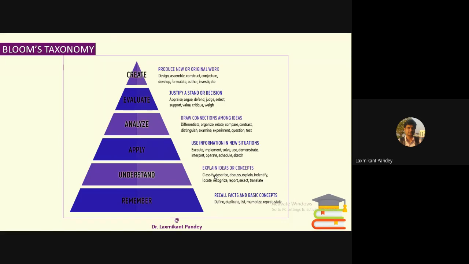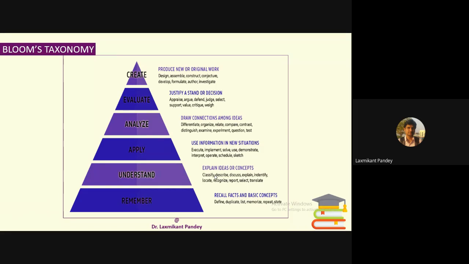In the same way, the analyze, the evaluate and the create, because this is not only for the teaching, but also when you are going for the evaluation part of that particular topic. In that evaluation, you can also use Bloom's taxonomy, right? Bloom's taxonomy is a very important part of the teaching methodology.